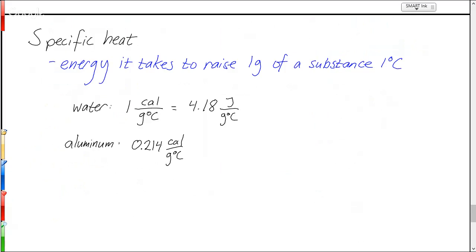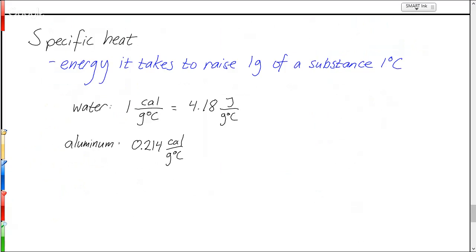What would be a way to say that in words? How aluminum reacts to getting more heat versus water? Yeah. Heats up more easily. Yeah, so that might be one way to say it, is that aluminum would heat up more easily. It takes less energy to raise aluminum's temperature than to raise water's temperature.